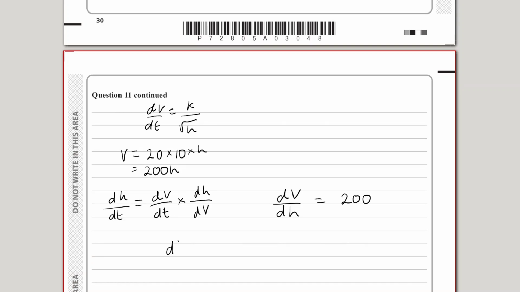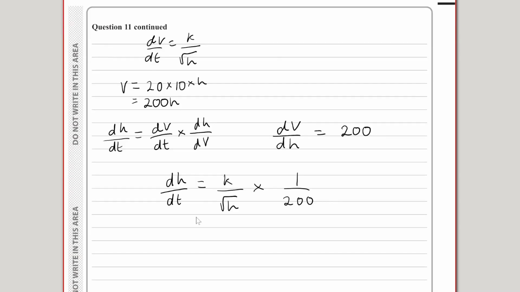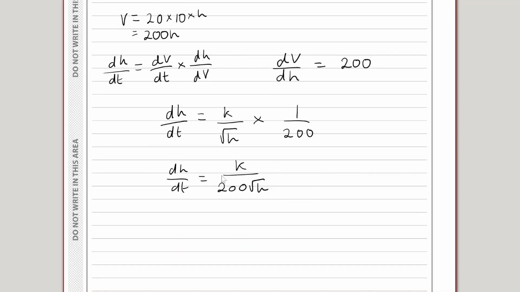So dh/dt is dv/dt, which is k over root h, times dh/dv, so that's 1 over 200. So dh/dt is k over 200 root h, and k is a constant, 200 is a constant, so we can change that into lambda over square root h.